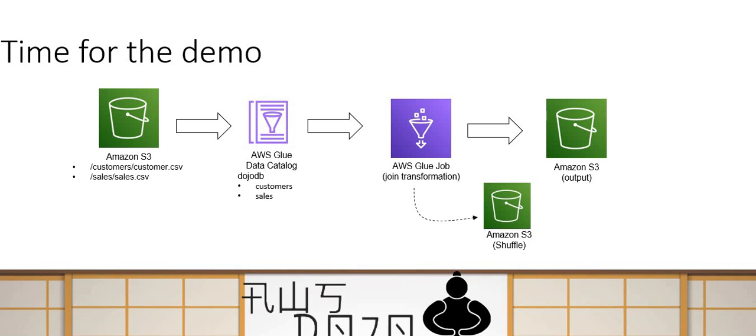And by running the join operation, I am pushing it to do a shuffling of the data. Then I'm simply going to configure S3 as the location for the shuffle data, and I'm going to write the output transformation also to the S3 bucket. So that's the demo I am going to do today. So let's jump to the AWS console.